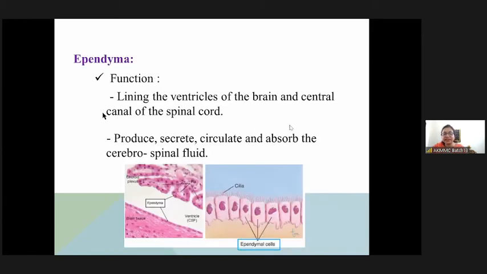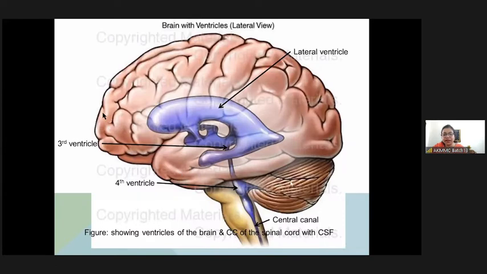Now, what is this? This is brain. This is cerebrum, and this part is cerebellum. And this is brainstem, pons, medulla, and below this is spinal cord. Inside our central nervous system, we find some cavities. And those cavities contain cerebrospinal fluid.